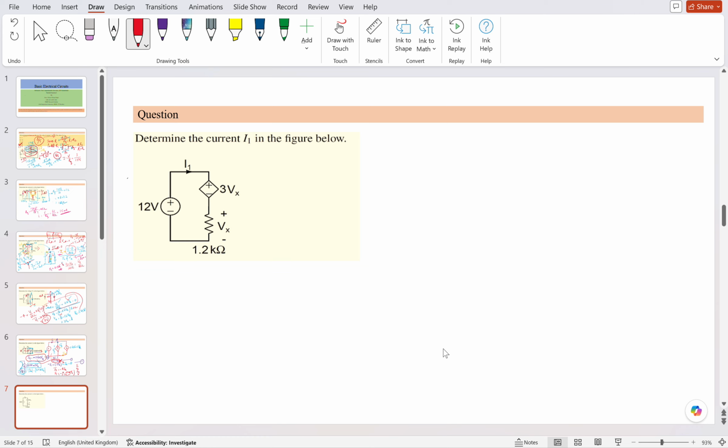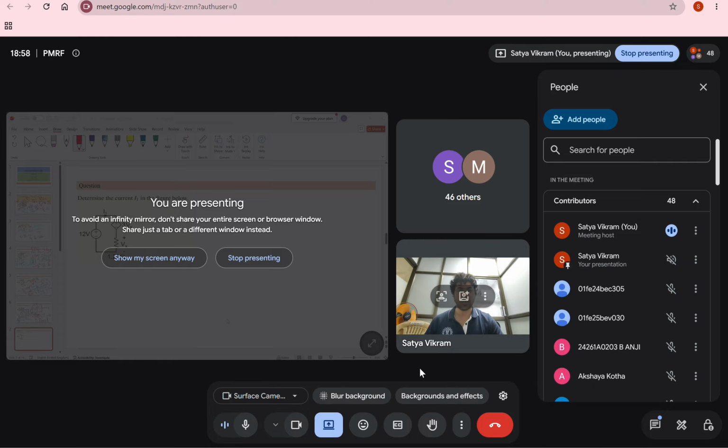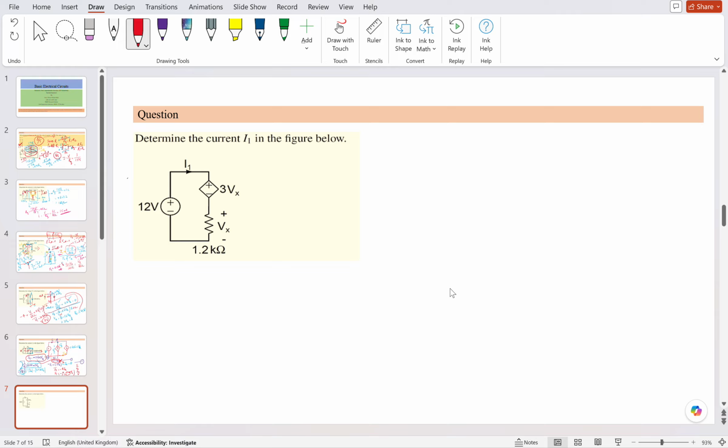Sir, 2.5 milliampere. Okay, write in the chat box so I can verify after solving.